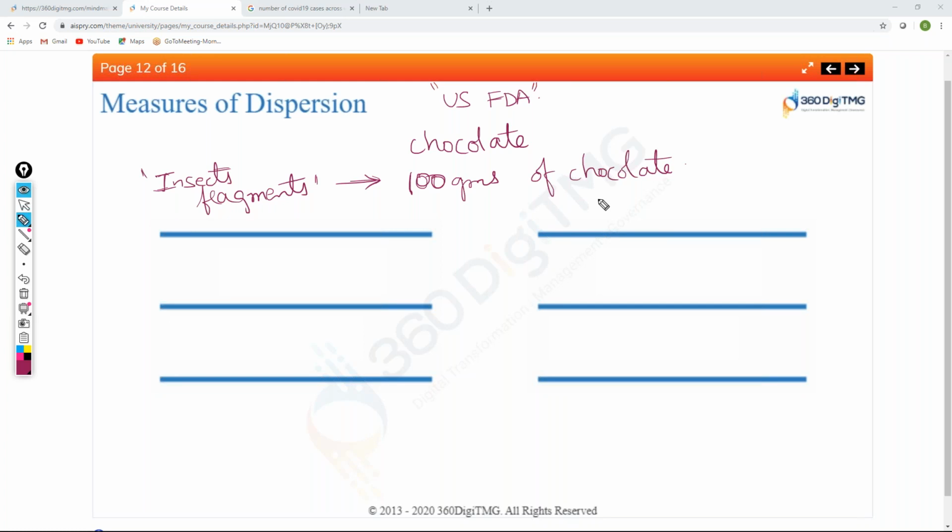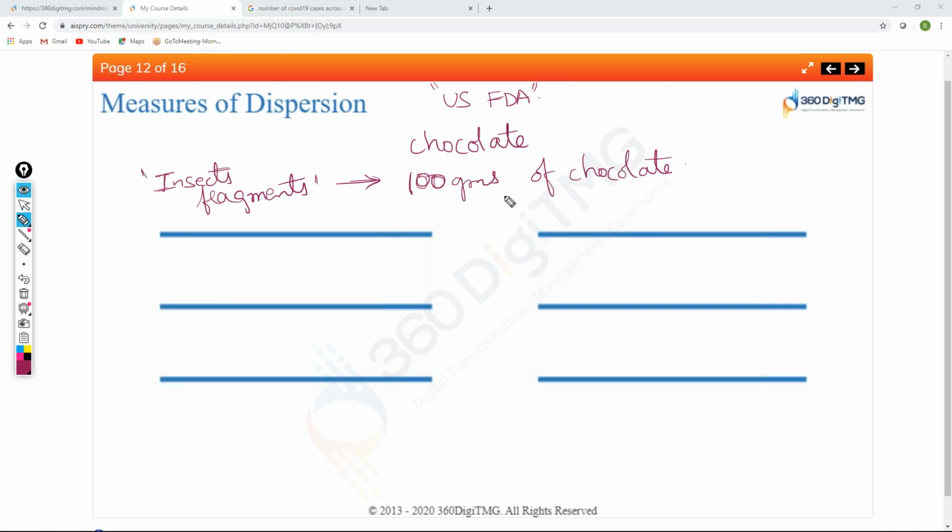Flies somehow get into the manufacturing process and fall into the chocolate manufacturing cream and all that. So if the number of insect fragments is more than a certain count, they reject the chocolate. It's not healthy for you.